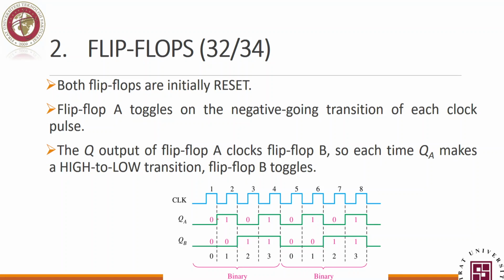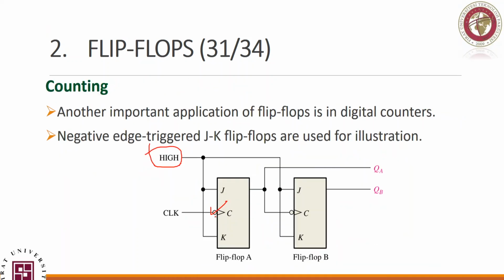Now look, how about QB? Will it be set? It will not be. Why? QA is the clock for the next flip-flop. The rising edge here will trigger this flip-flop. It will produce output, yes, but this will take time.